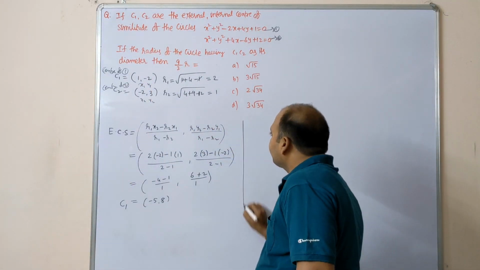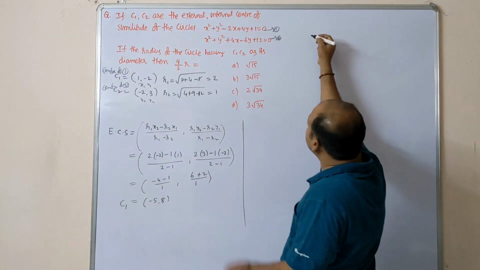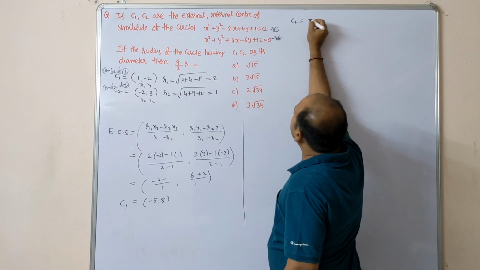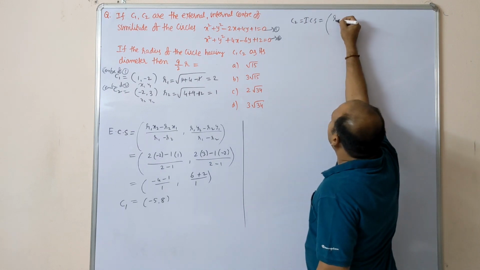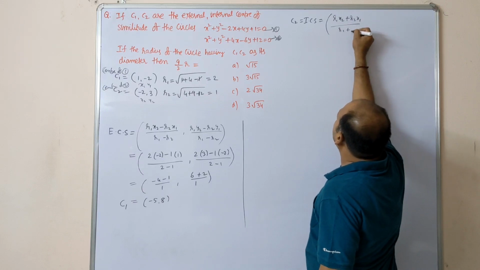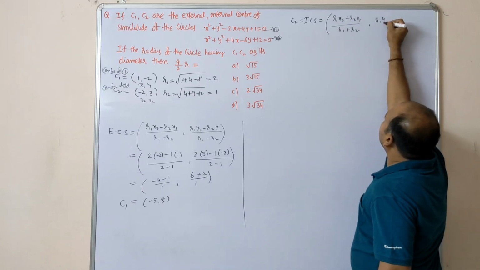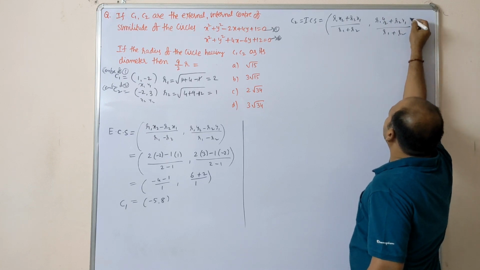And next what you have to do is calculate C2, the internal center of similitude, ICS. (R1x2 plus R2x1) by (R1 plus R2), and (R1y2 plus R2y1) by (R1 plus R2). Same formula but plus.